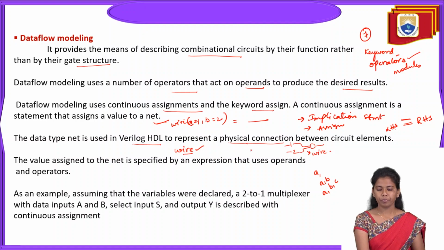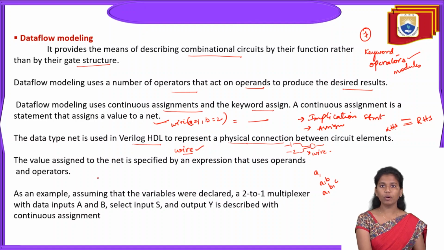Okay. So here the physical connection between the circuit elements, and also in data flow modeling, we are making use of operators, data types, and different assignment statements. For example, here most probably we are going with the continuous assignment statement, right?